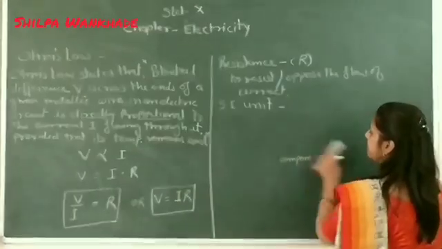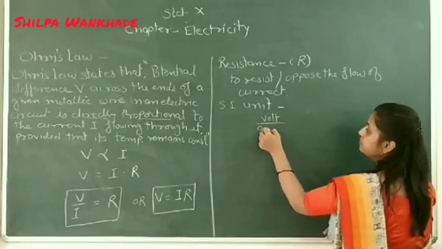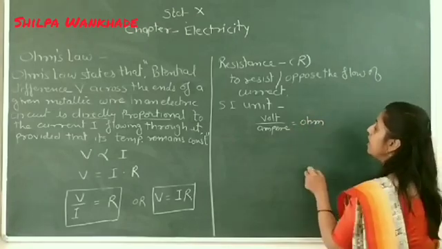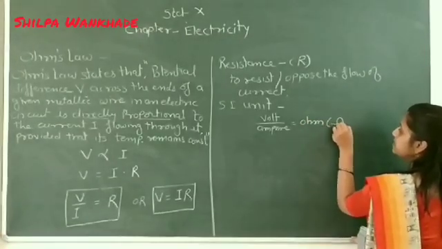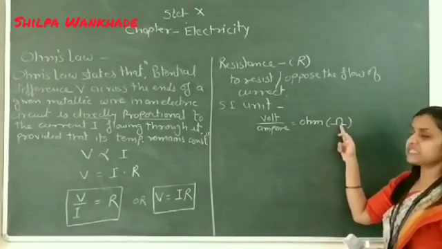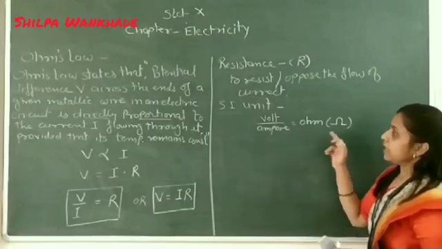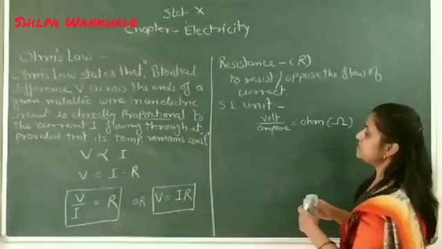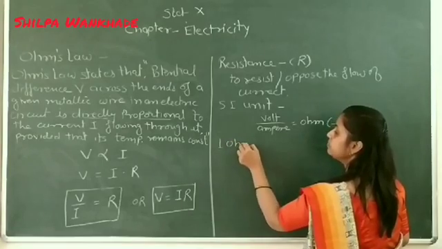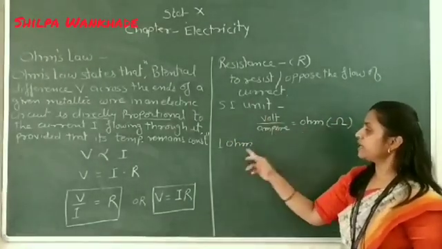So what is the SI unit? The SI unit is volt per ampere, and that is called ohm, and its symbol is represented by this Greek letter. Now from this SI unit we can also define 1 ohm.